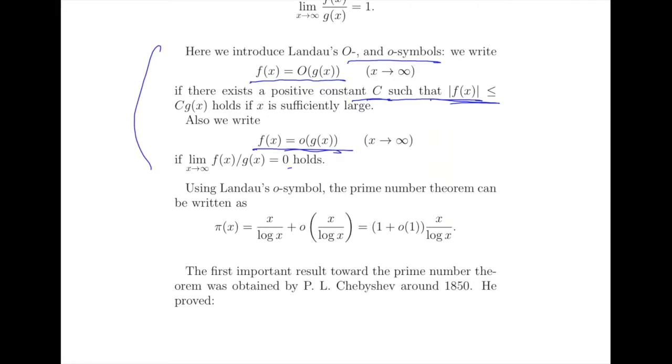If we use Landau's small o symbol, we can write the prime number theorem like this: pi(x) is x over log x plus small o of x over log x, or maybe (1 plus small o(1)) times x over log x. This is a convenient expression, so later we will use this notation. Anyway, this is the prime number theorem, and this is our final target of this lecture.